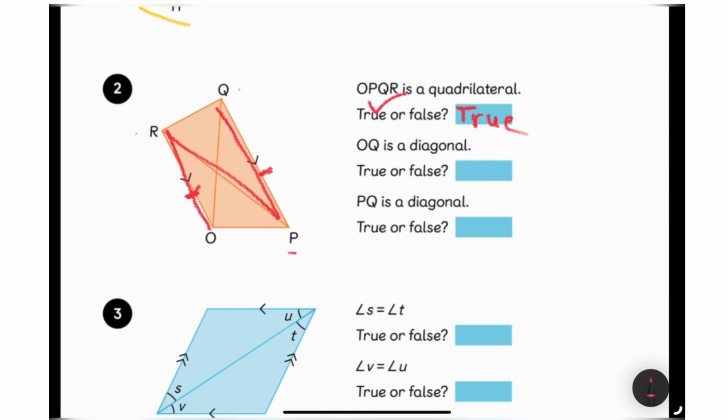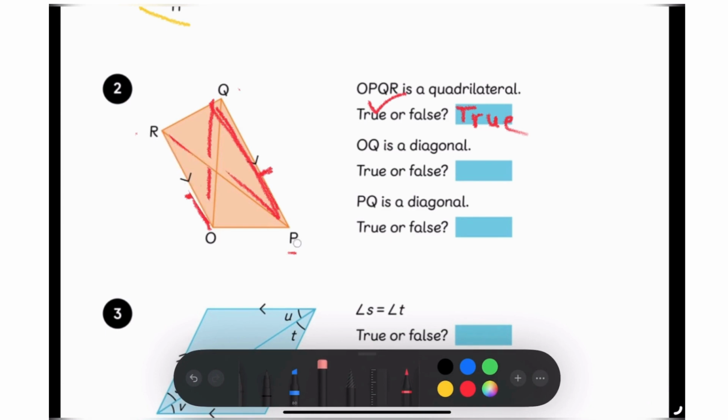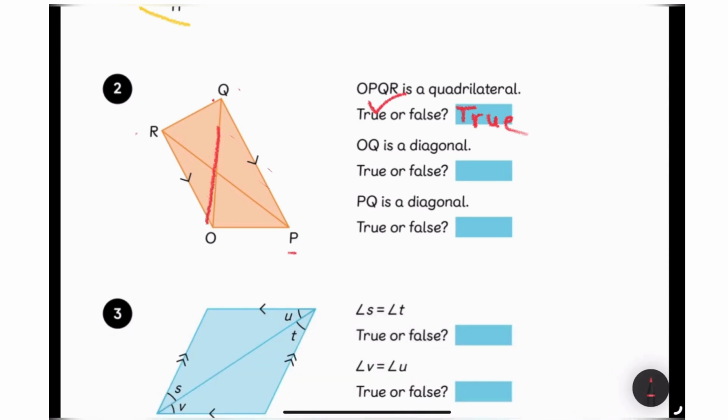Let me erase and explain it much better to understand. So, my OQ is this. You see my first parallel line running with it and my second parallel line. Remember this diagram that I had drawn at the beginning and then in the explanation as well we saw. So, yes, it is indeed a diagonal, isn't it?